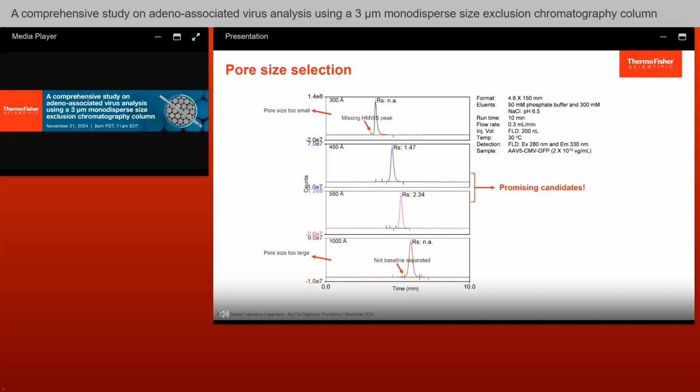Once we are at the 1000 angstrom pore size, although we still have certain separation of the aggregates from the monomer, it's not baseline separated anymore, which indicates the pore size is too large for this case. So based on these results, 450 and 550 are very promising candidates for the AAV application.